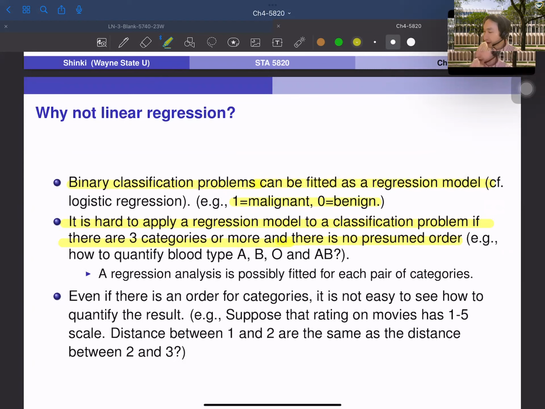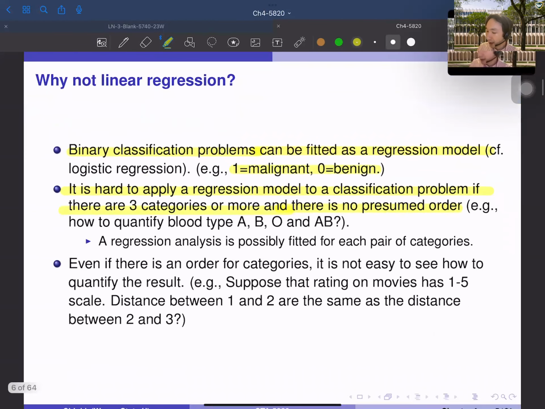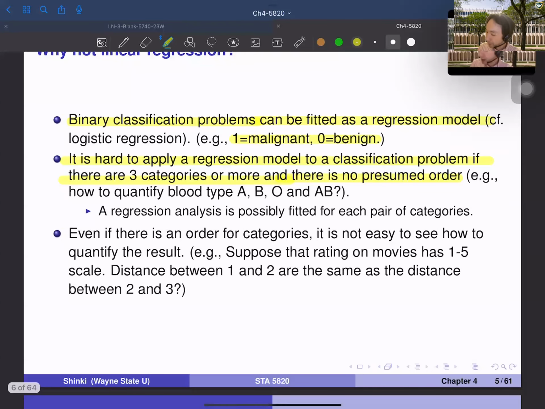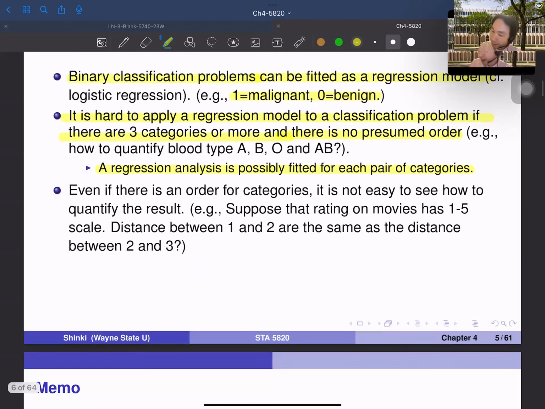If the three categories are ordered, such as a rating, then it makes some sense to fit a regression model. But otherwise, we have to do something else. Still, a regression analysis is possibly fitted for each pair of categories, but that is a very indirect method.